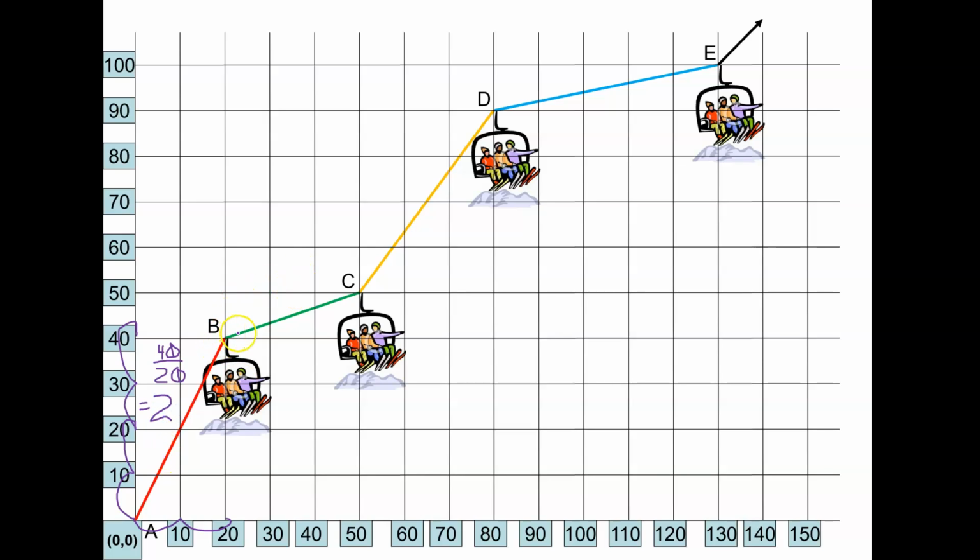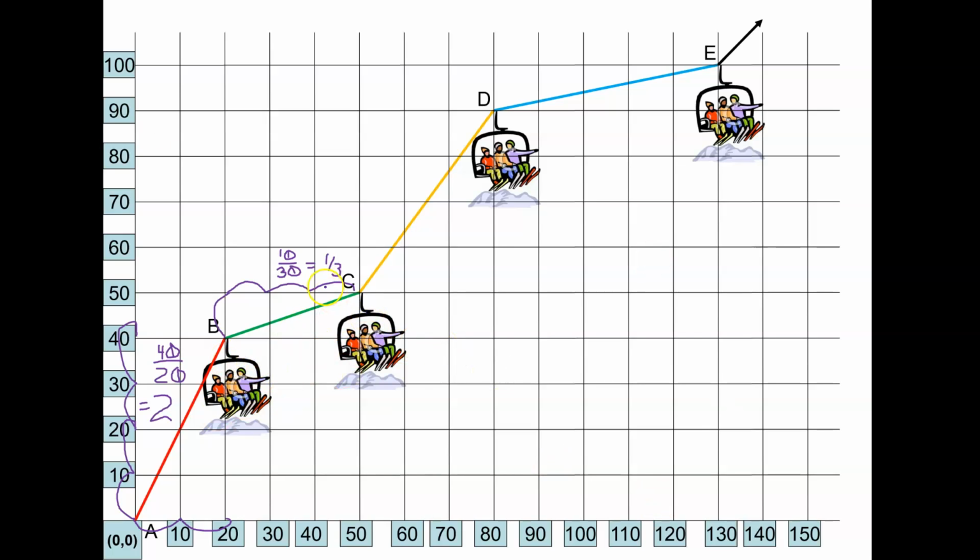How about our green path to go from B to C? We go up 10, that'll be our numerator, and getting there takes us 10, 20, 30 feet. So we rise 10 feet over the course of 30 feet. This simplifies to 1/3.